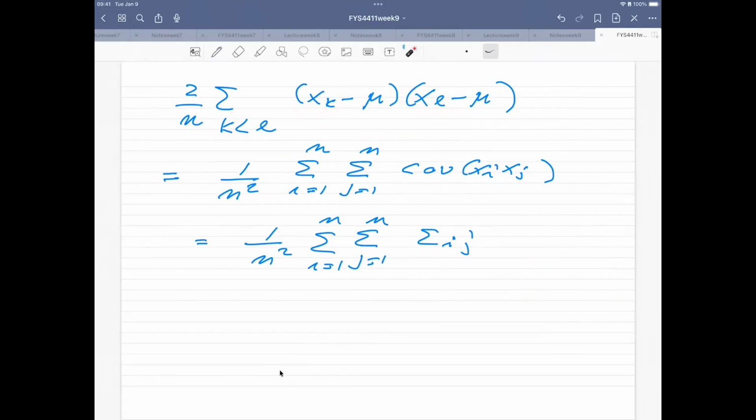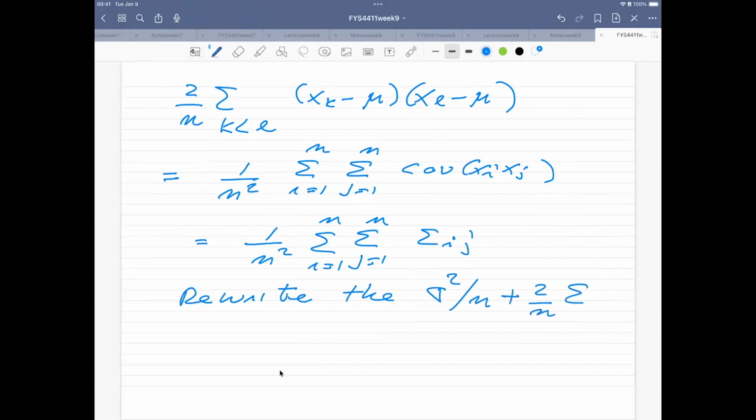So the thing we did last week was to rewrite the covariance in terms of a function, and this is more or less where we ended last week: the sigma squared divided by n plus 2 divided by n, and I just put dots here. So this term is something where we introduced a function which we call f of d.